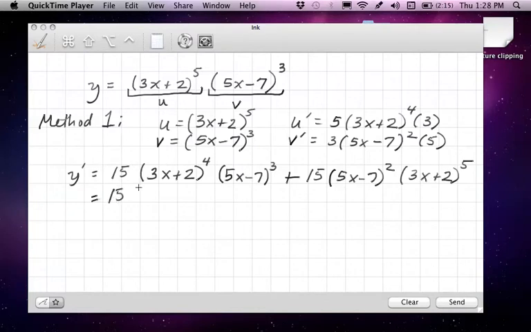So let me do a little factoring. And I will have 3x plus 2 to the fourth, 5x minus 7 squared.